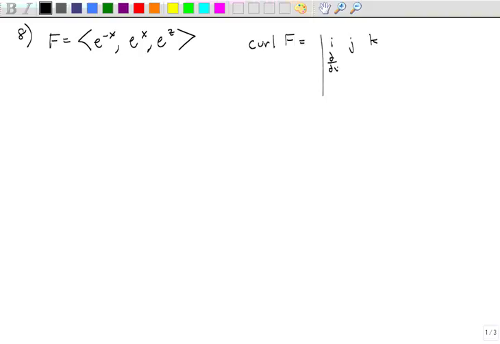Okay, let's look at number 8. I'm going to do the curl first.